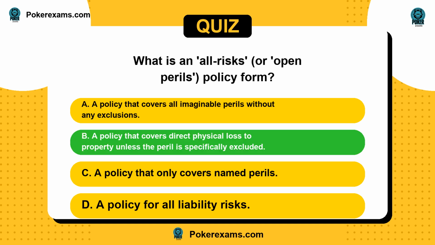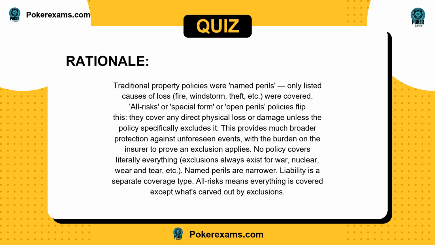The answer is B. Traditional property policies were named perils, only listed causes of loss, fire, windstorm, theft, etc. were covered. All risks or special form or open perils policies flip this. They cover any direct physical loss or damage unless the policy specifically excludes it.